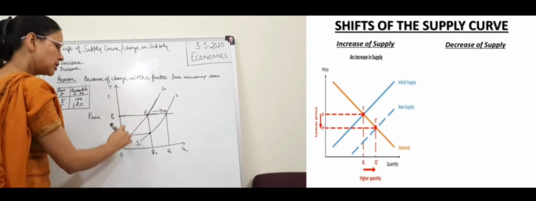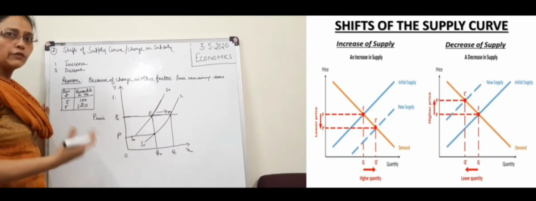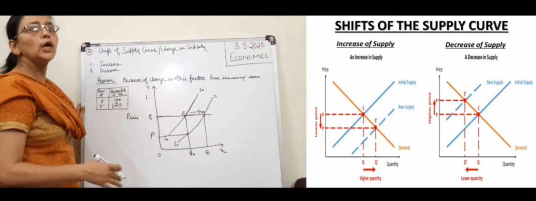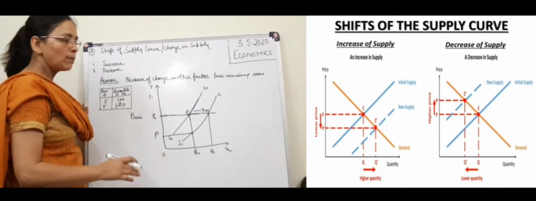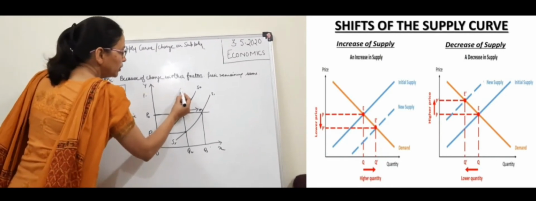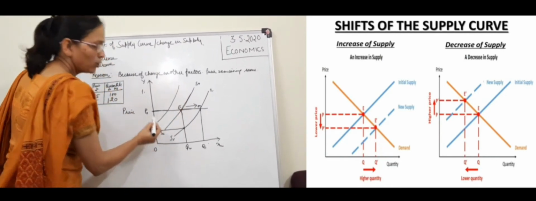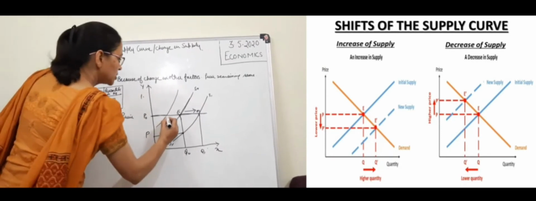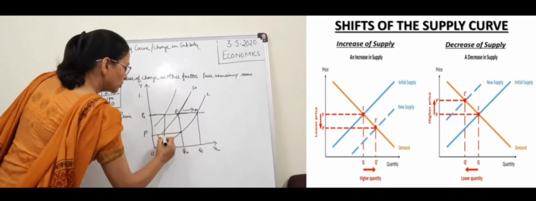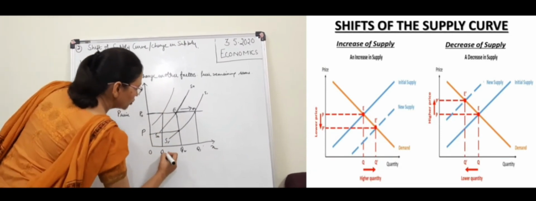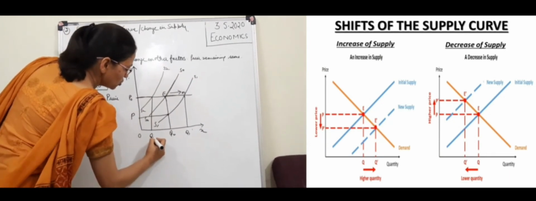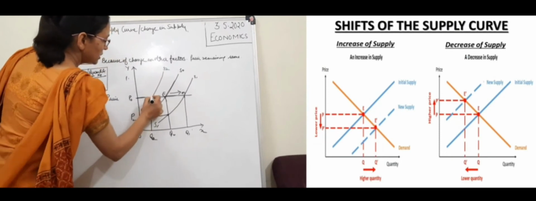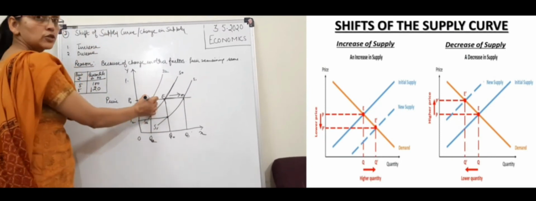Similarly, suppose the cost of production increases and the suppliers reduce the supply because of the reduction in profit margin, and the supply curve will shift back. This is the new quantity. This is S2, and this will be P2 like this. Now, what does it mean again?